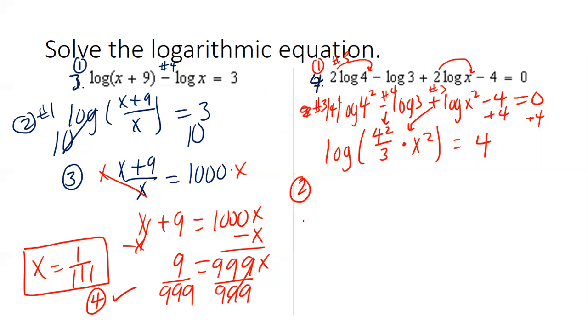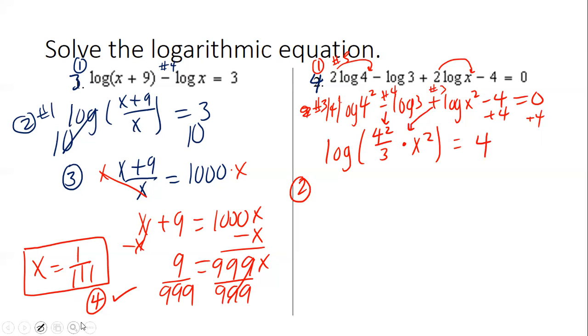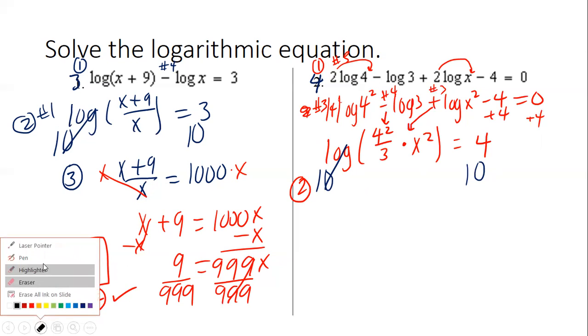So now I can go to step 2. In step 2, I'm doing what? Raising it to the base, right? And what is our base? 10. So we're going to raise to the 10th power. And what I do to one side, I have to do to the other. So what happens to the log and the 10? Cancels out. And we're left with 4. Can I just write 16? Is that okay? Everyone understands that 4 squared is 16.